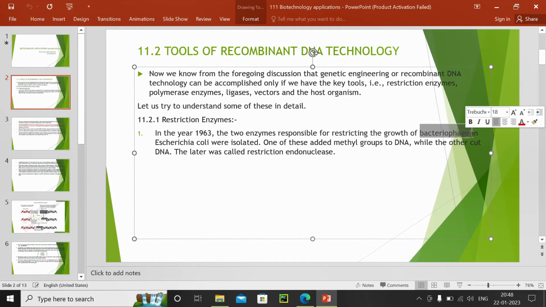Bacteriophage is a parasite that joins the Escherichia coli and transfers its DNA inside, multiplies there and prepares billions of copies.